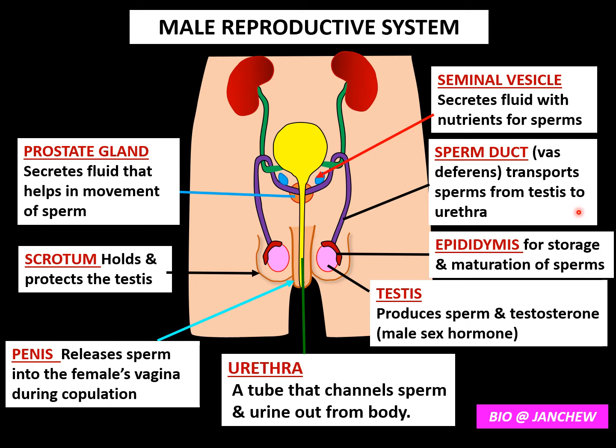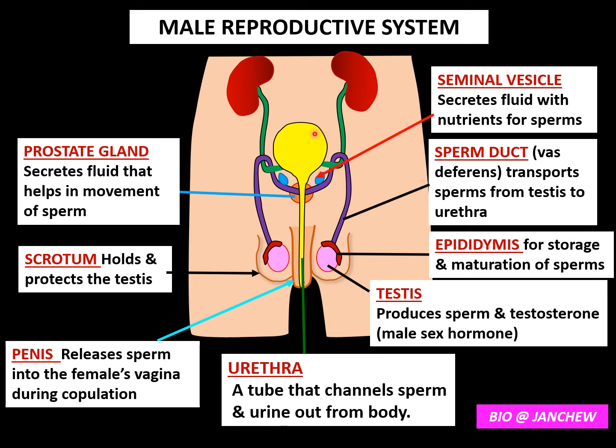The sperm duct will carry the sperms to the urethra, which is the yellow tube here. So the urethra is actually connected to two systems. It's connected to the male reproductive system and also to the bladder, that means to the urinary system.